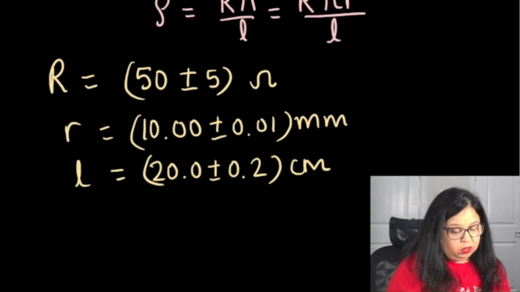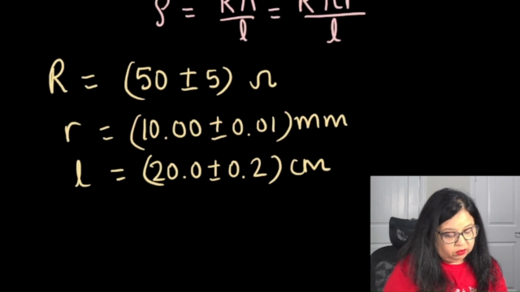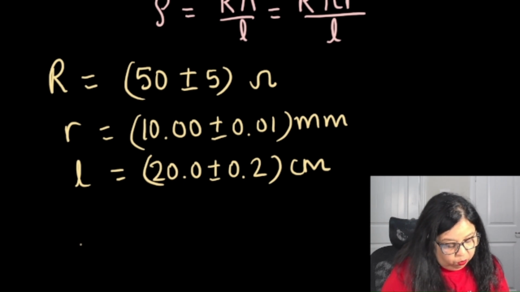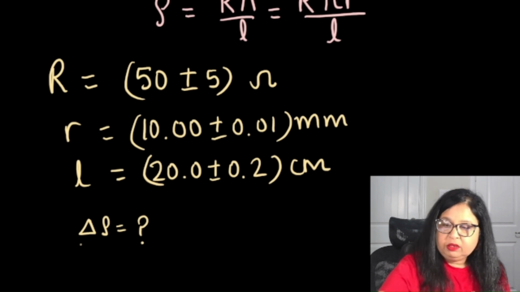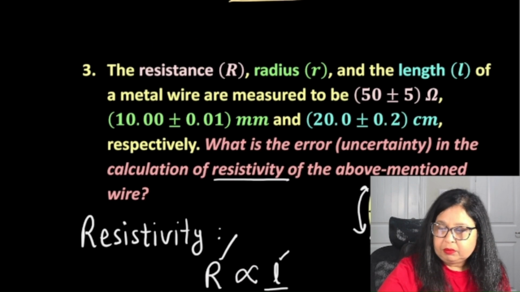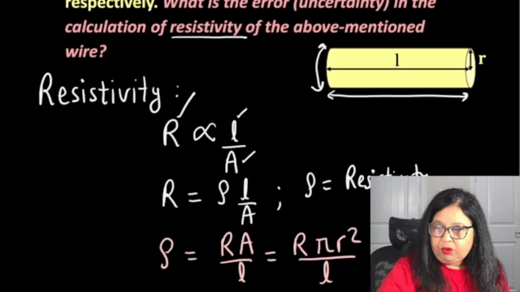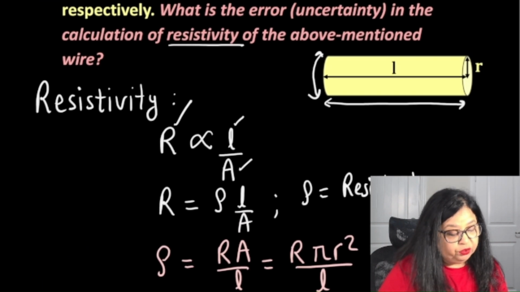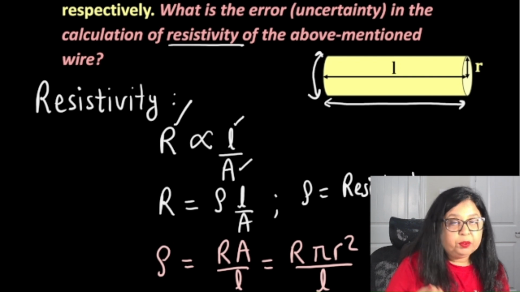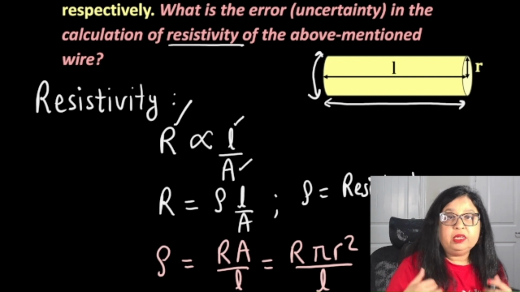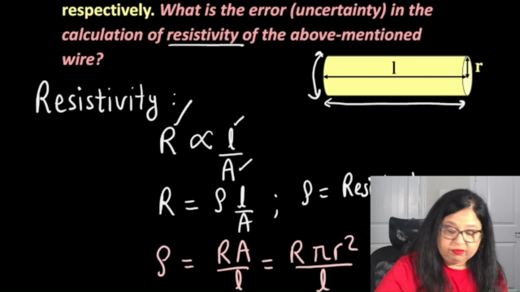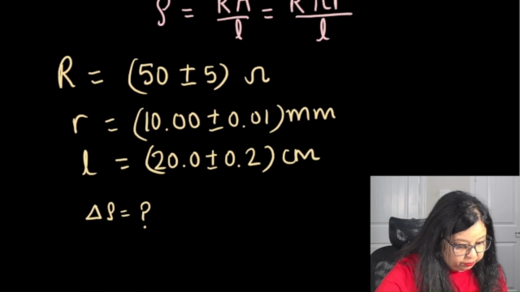These are all the numerical values given to us. Using these, we want to find out the delta rho, which is the uncertainty in the rho. And from there, we could definitely measure the percentage uncertainty or the percentage error or the percentage accuracy in the resistivity. Let's see how we'll do it.